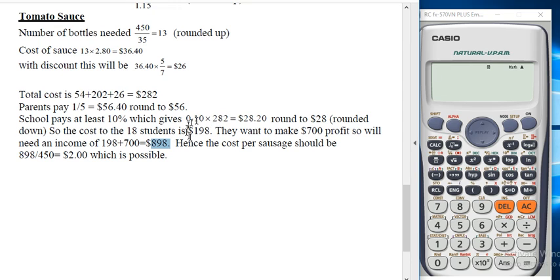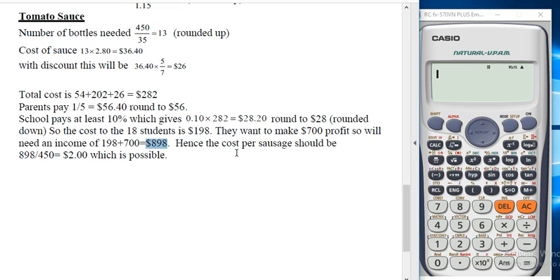Okay, now the final calculation is simply working out how much per sausage. Now we know that there are 450 sausages, and we need to collect funds from all of the sales of $898, so we divide that by 450 sausages, the number that you would sell, and it works out to be approximately $2.